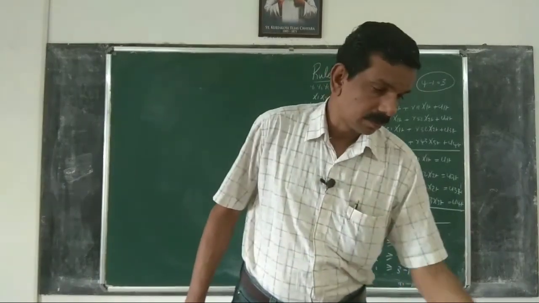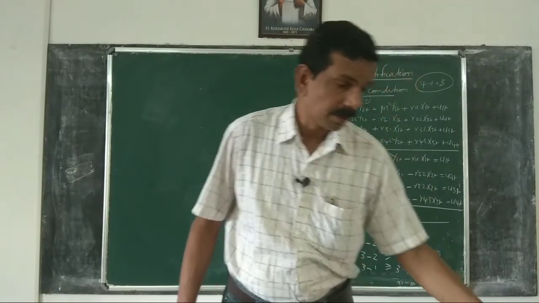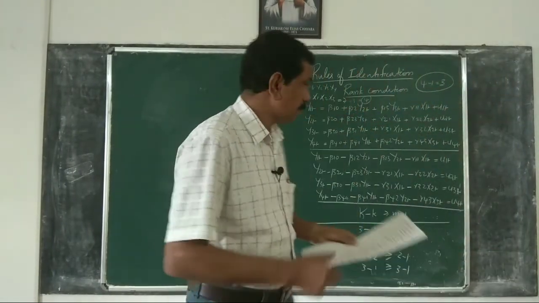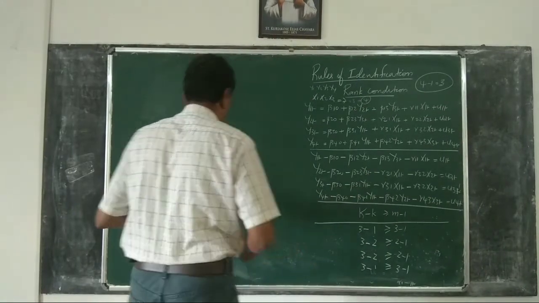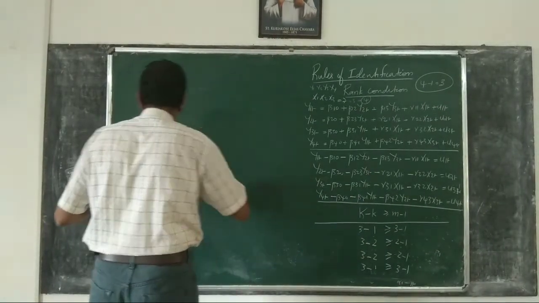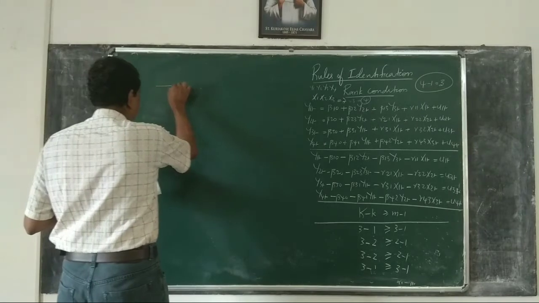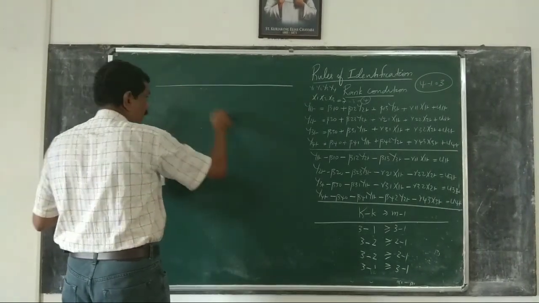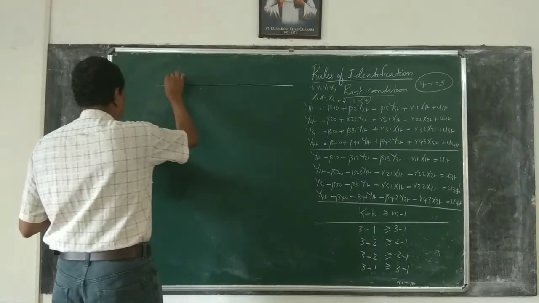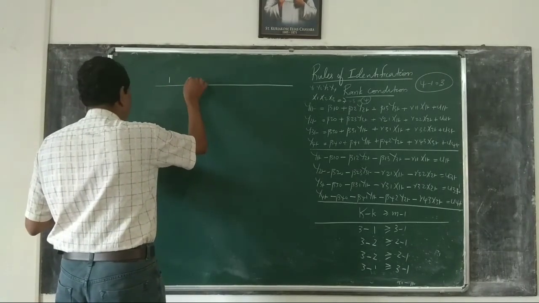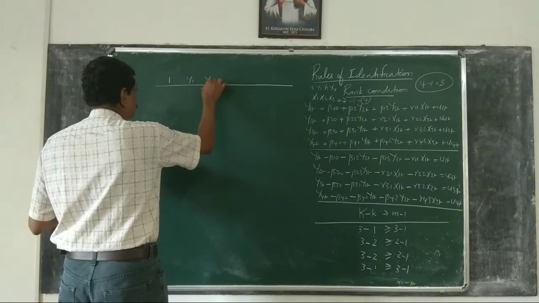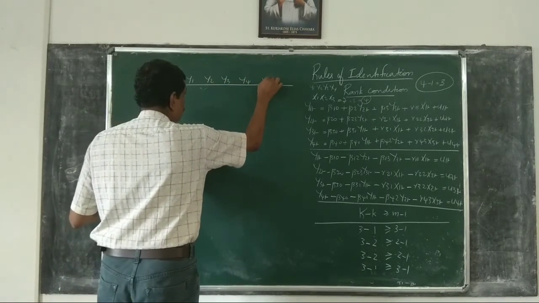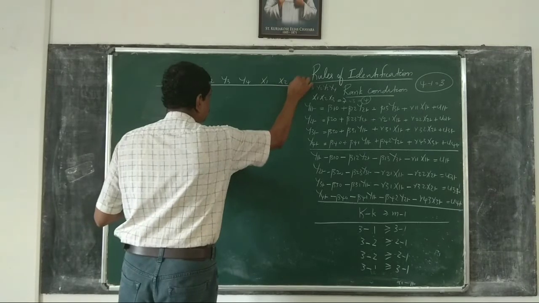Now let us implement the rank condition. To implement the rank condition, we write the coefficients of the variables in the form of a matrix. You can write the intercept, or you can ignore it. The columns are y1, y2, y3, y4, x1, x2, x3.